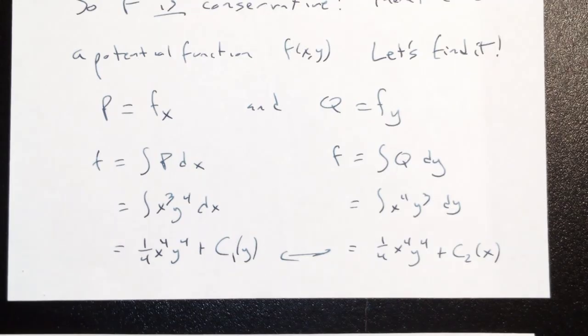For the record, conservative vector fields give rise to quantities that are conserved. So when you talk about kinetic energy and potential energy, the potential function is the potential function for kinetic energy.